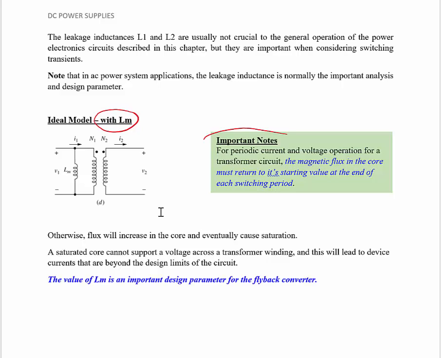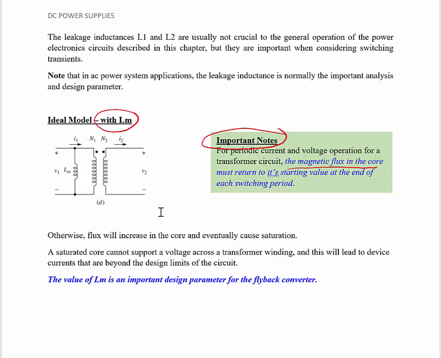One important note, very, very important note. For periodic operation, for both the current and the voltage in the transformer circuit, we expect the magnetic flux in the core to return to its starting value at the end of each switching period.